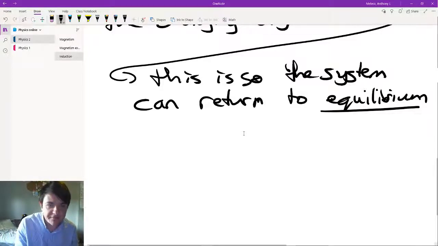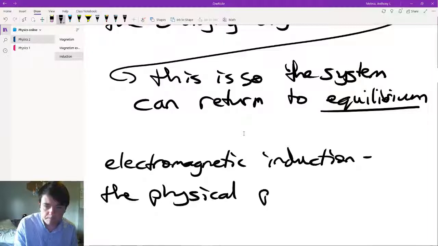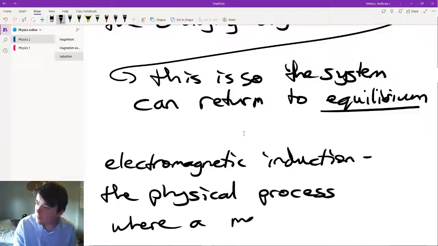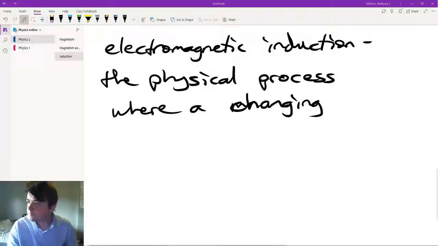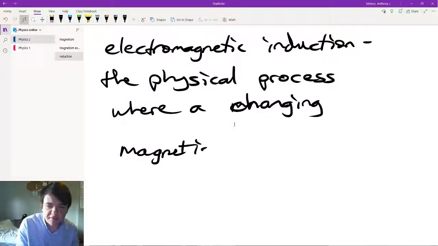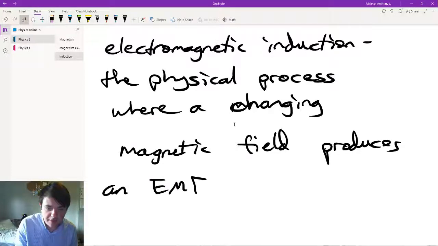Basically, the definition then of electromagnetic induction is the physical process where a changing magnetic field produces an EMF.